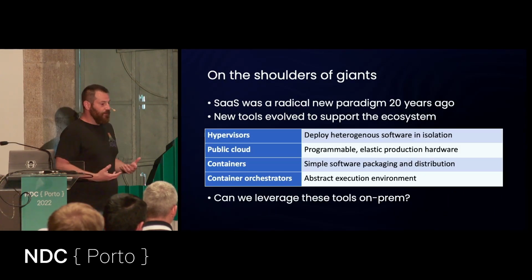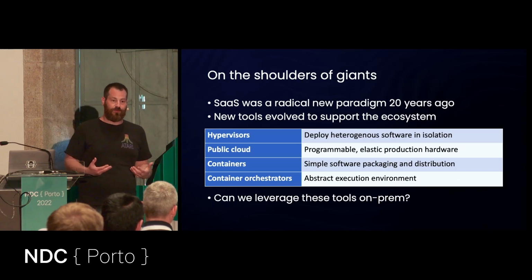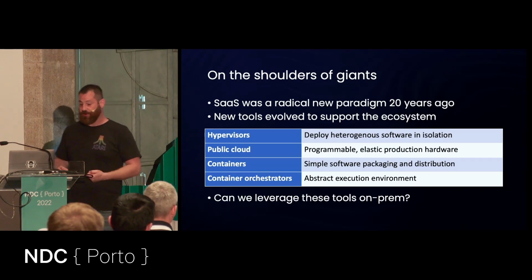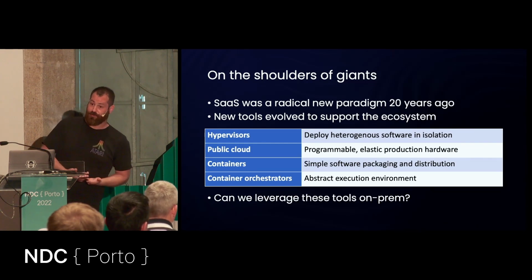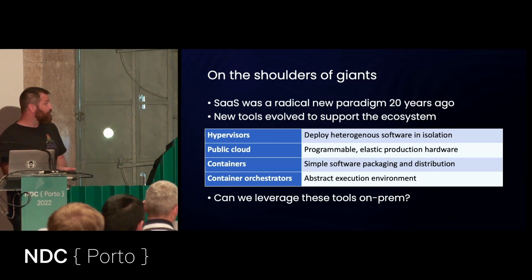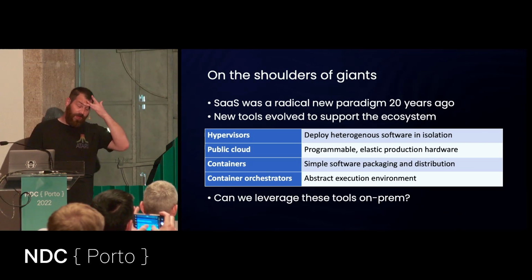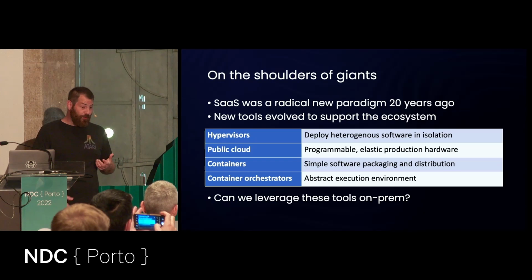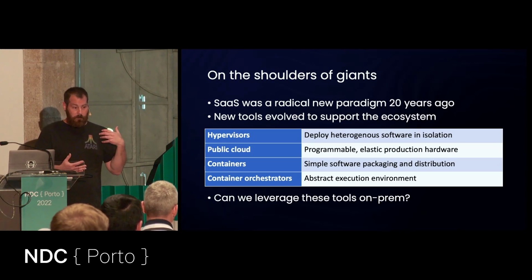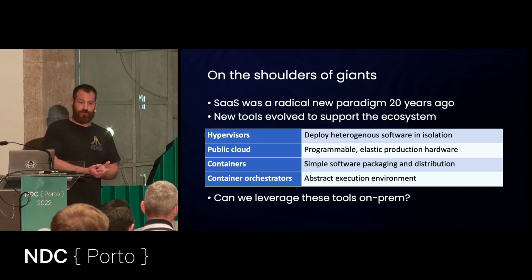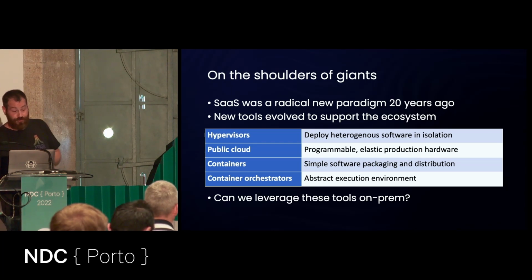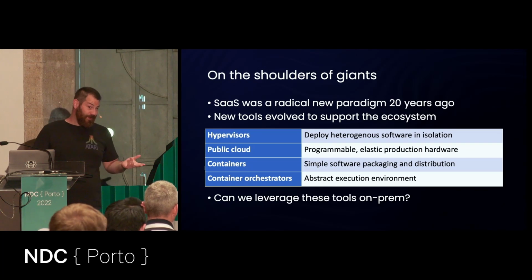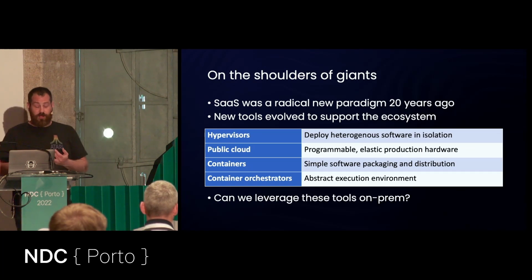When we consider the recent history of software engineering, and how we've evolved in the way that we build software over the last 20 years, we find that a lot of the new tools that we have at our disposal were built to support the new SaaS ecosystem. So it's things like virtual machines and hypervisors, public clouds. Public clouds are amazing for SaaS. Container environments.